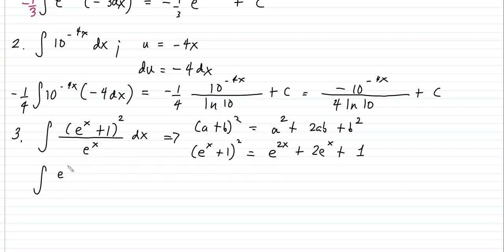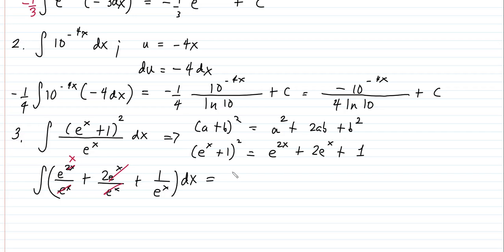So it's e raised to 2x over e raised to x, plus 2e raised to x over e raised to x, plus 1 over e raised to x, and then we have the differential x. Simplify: for e raised to 2x over e raised to x, you simply subtract the exponents, so e raised to x will be left. Here, e raised to x is cancelled out because e raised to x divided by e raised to x is 1. And then you can simplify the last term as e raised to negative x.